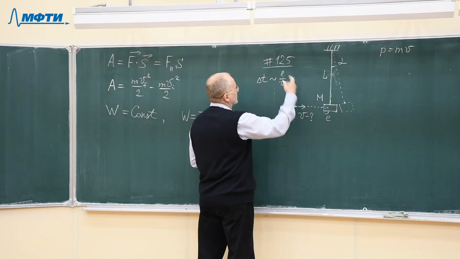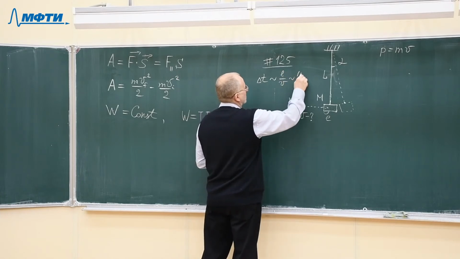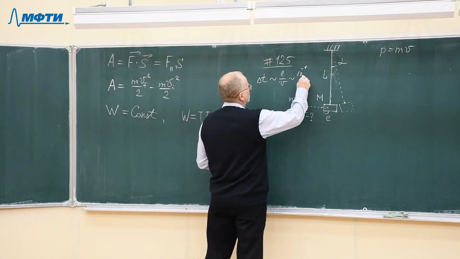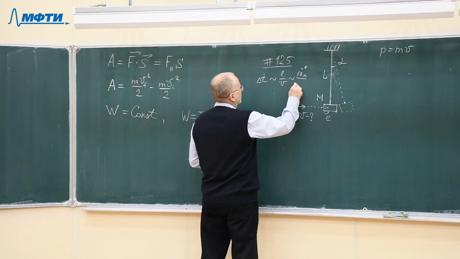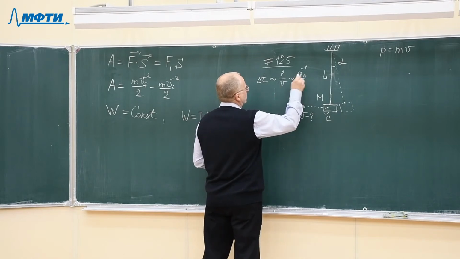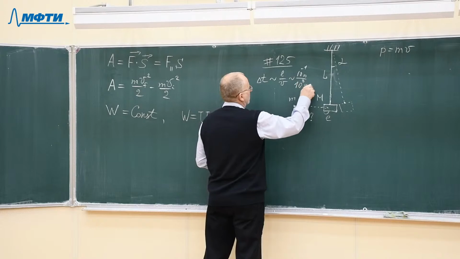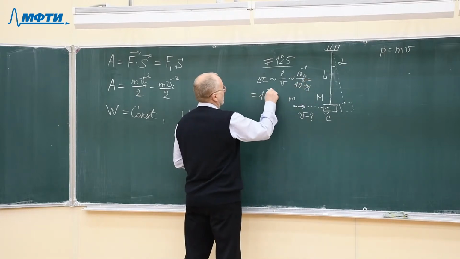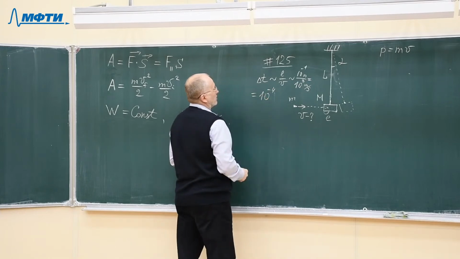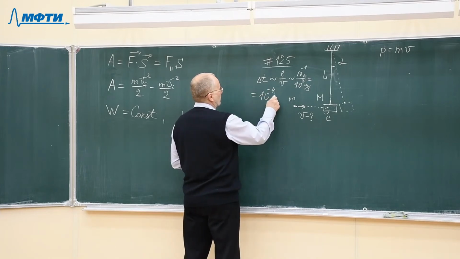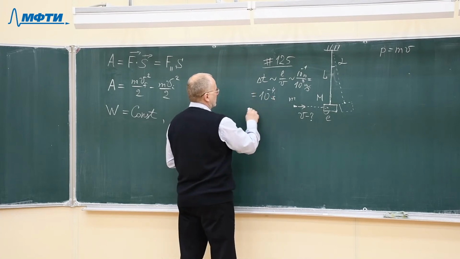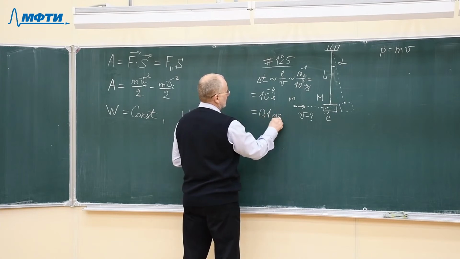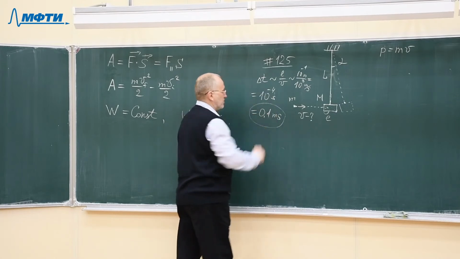Well, if the length is, say, 10 centimeters, that is 10 to the minus 1 meters, and the velocity is about 1 kilometer per second, 1,000 meters per second, then that will give us about 10 to the power of minus 4 seconds. That is 0.1 milliseconds. A very short period of time.